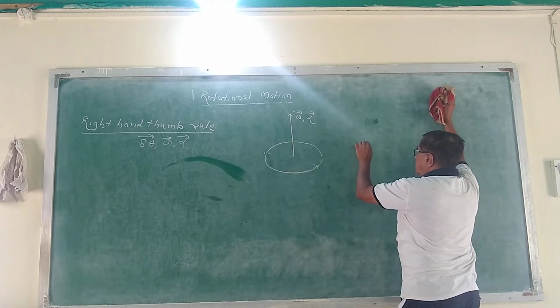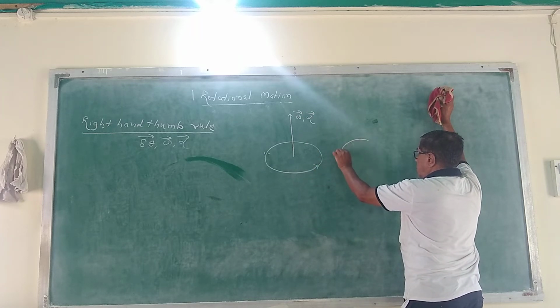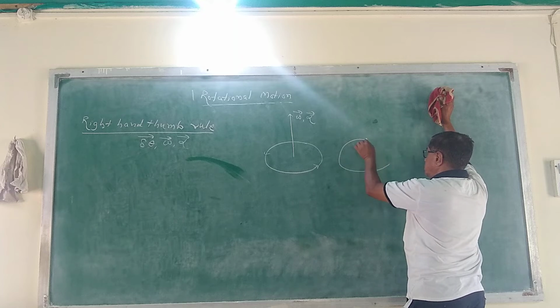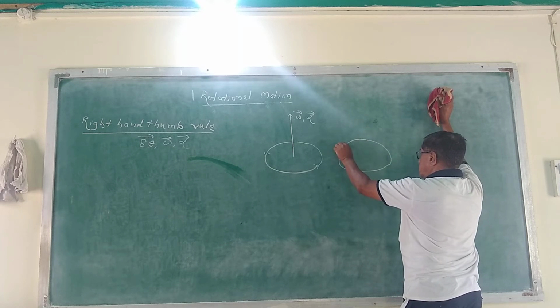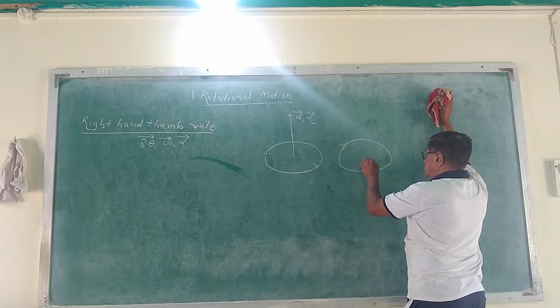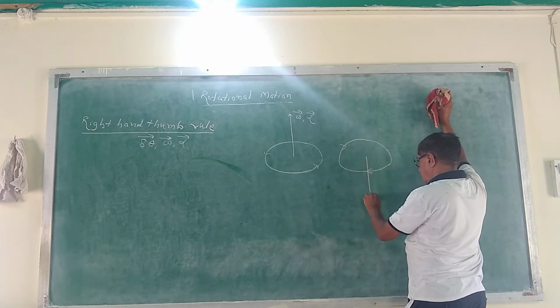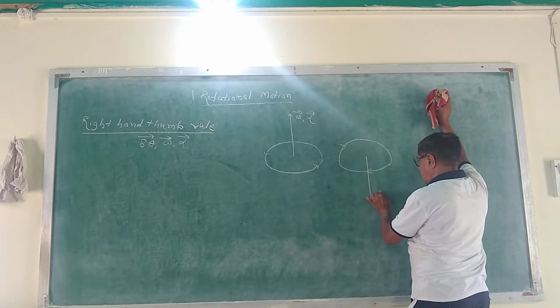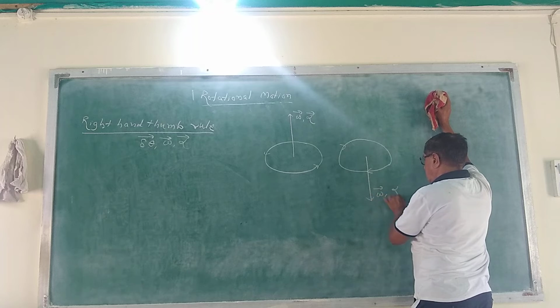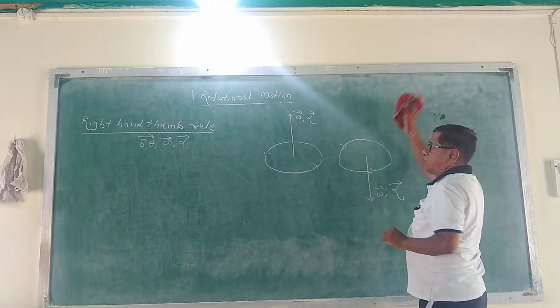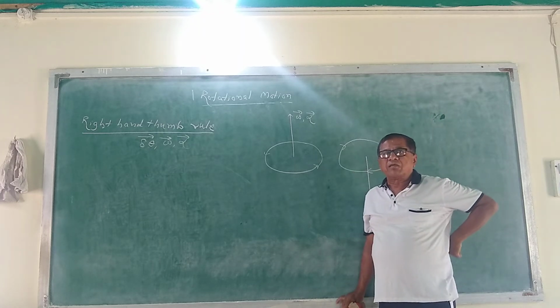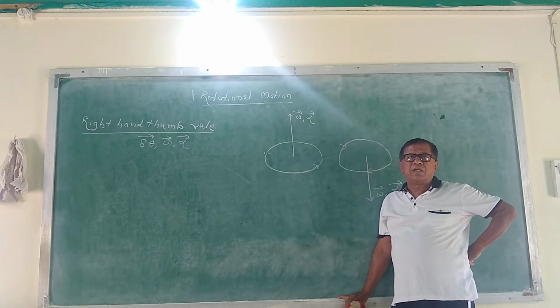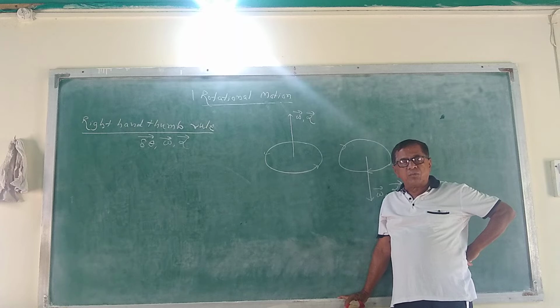In the case of the clockwise motion, the direction of the angular velocity and angular acceleration is directed downward, which is given by the right hand thumb rule.